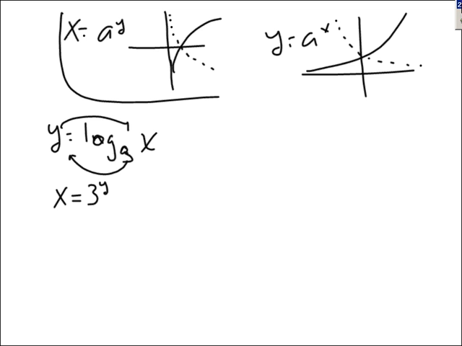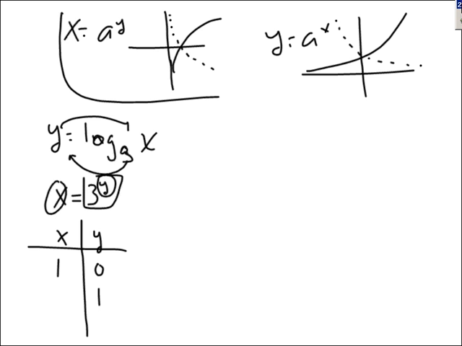And like always, let the exponent y be 0 and 1. Well, when y is 0, 3 to the 0 is 1, and that equals x. Because whatever 3 to the y is, that's what x equals. 3 to the 1, or 3, x is 3.